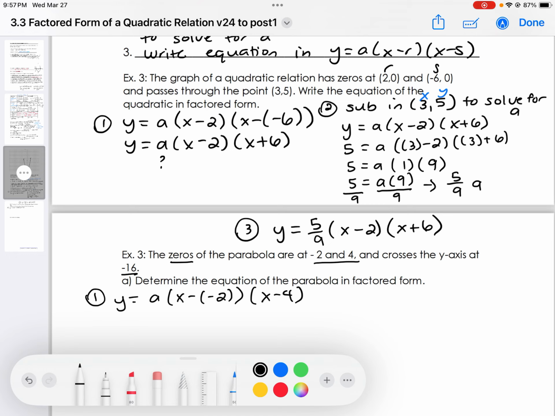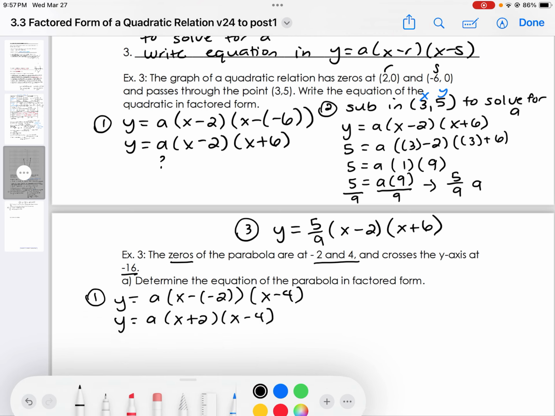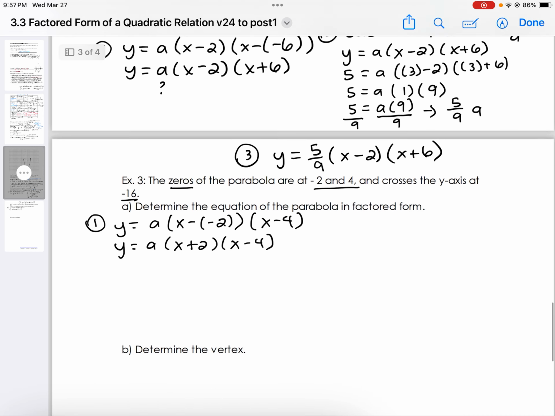Okay, so now I'm just going to make this a little neater. I'm going to change it to +2 because that looks a little cluttered. Okay, and since we have the x-intercept given to us, that is the point, that's the only point we're given, so that's the one we're going to use.